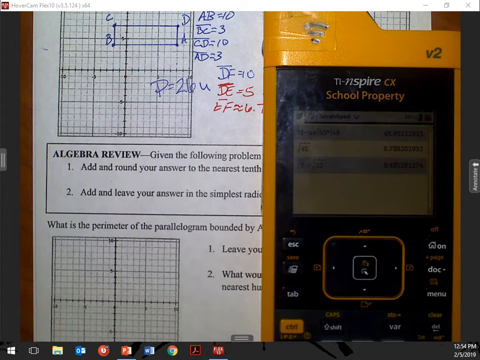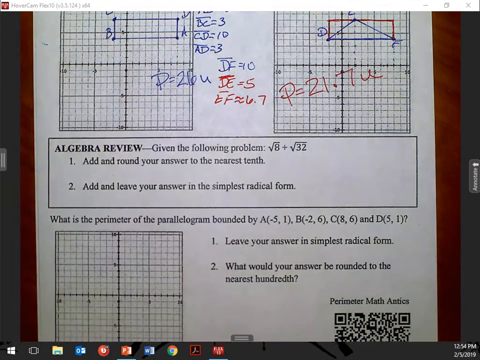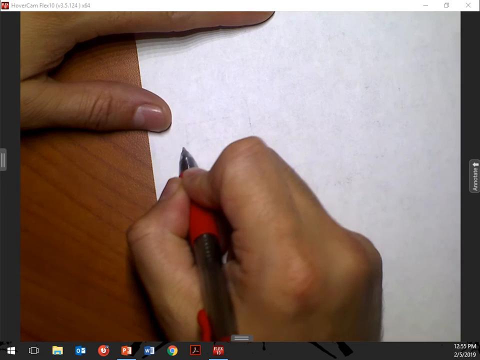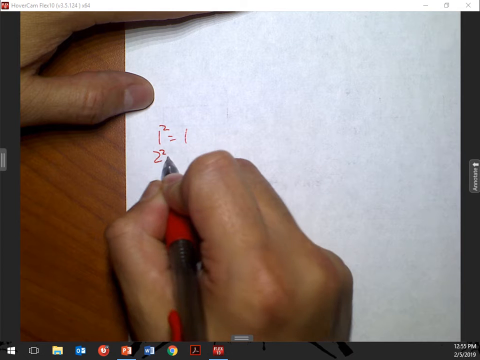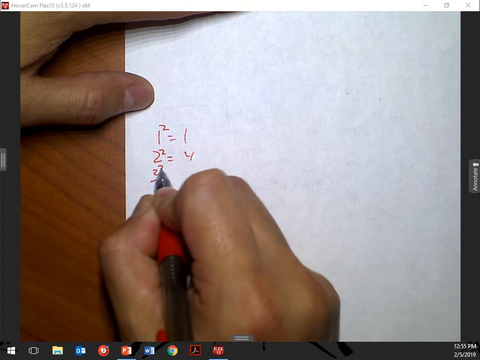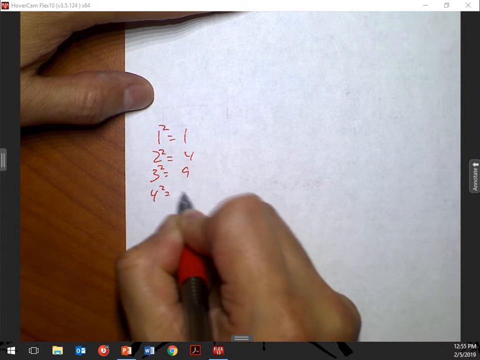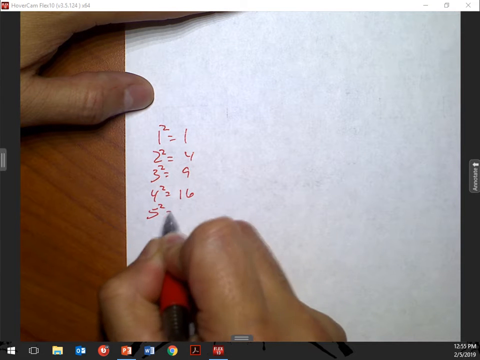All right, so now we're going to do a little bit of algebra review. We know what perfect squares are, right? 1 squared is 1. 2 squared is 4. 3 squared is 9. 4 squared is 16. 5 squared is 25.